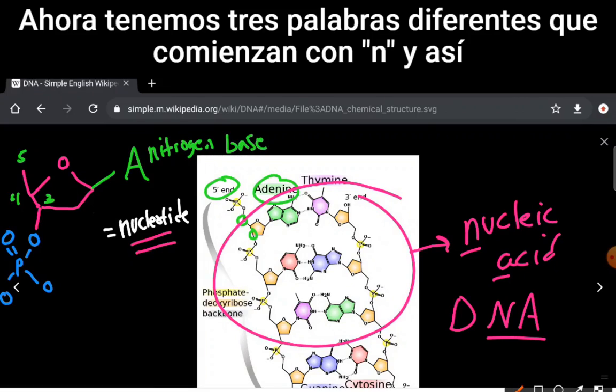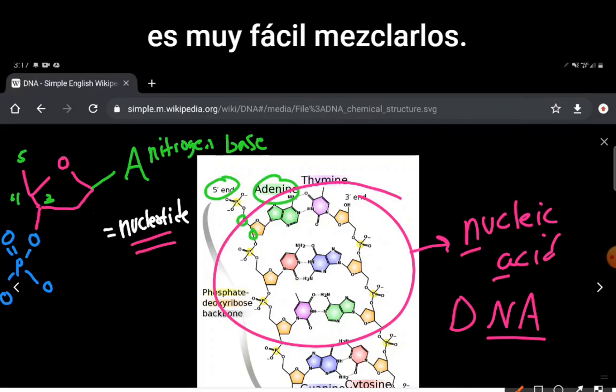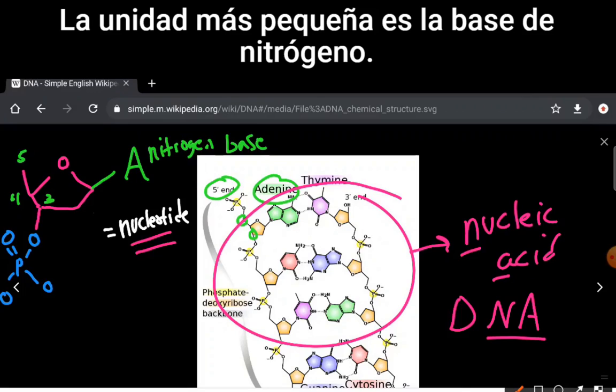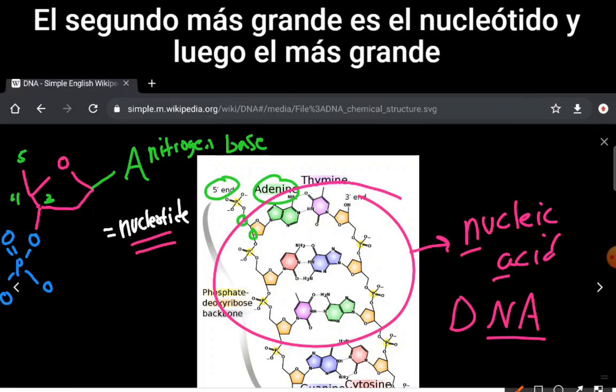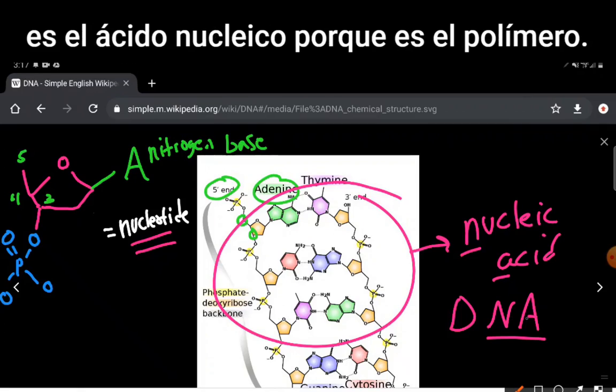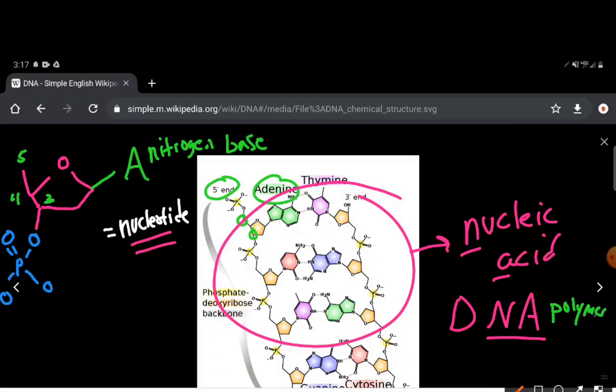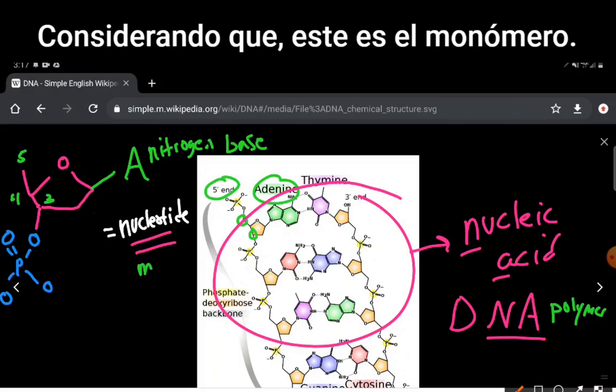We now have 3 different words that start with N, and so it's very easy to mix these up. The smallest unit is the nitrogen base. The second biggest is the nucleotide, and then the biggest is the nucleic acid because it is the polymer, whereas this is the monomer.